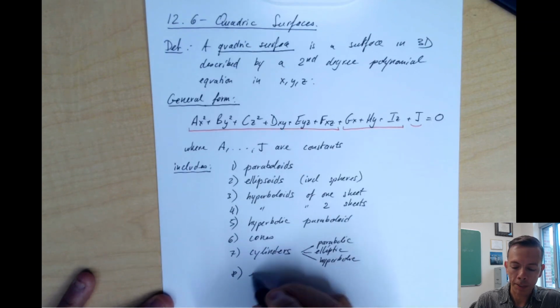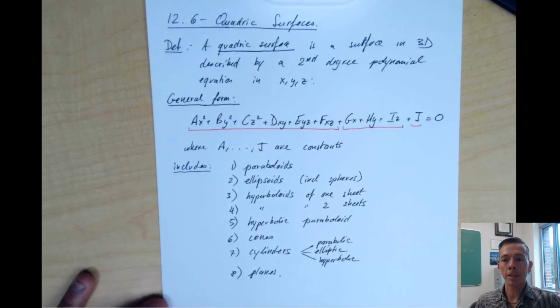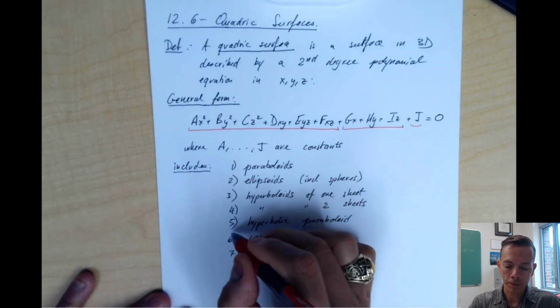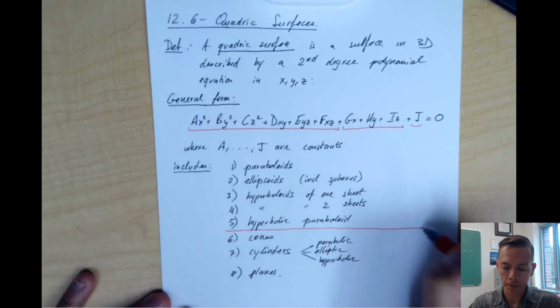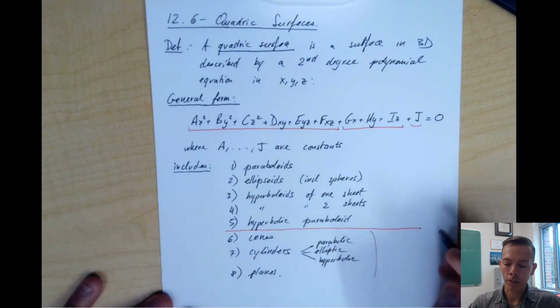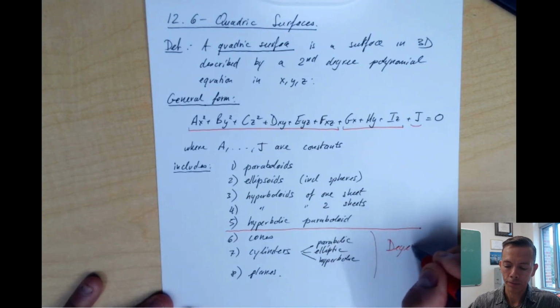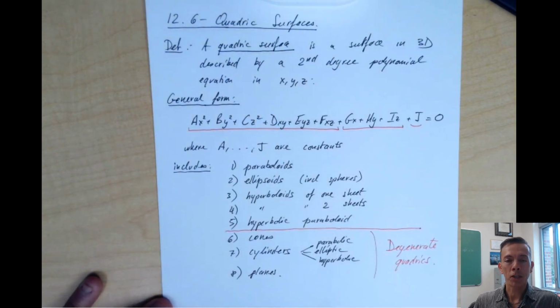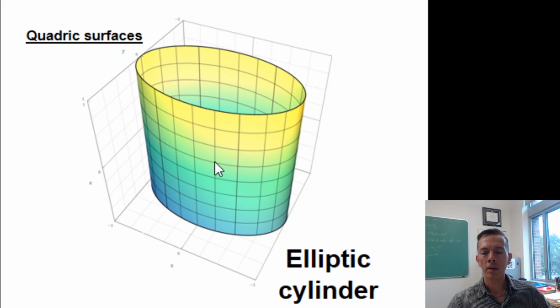And finally, the planes. So these are the 8 families of quadric surfaces. The first 5 are the regular quadrics. The last 3 are called degenerate, because when you slice them with planes, those traces are degenerate conics. So in other words, lines.